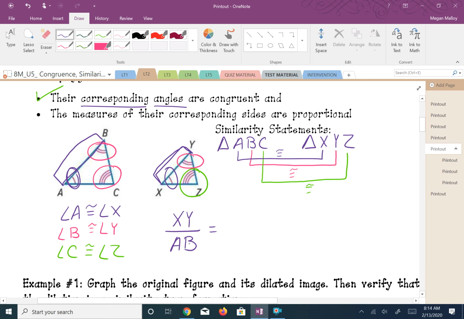And whatever that ratio is, needs to be equal to the ratio of YZ over BC, and also needs to be the same ratio as either ZX or XZ, however you want to say it, over AC.